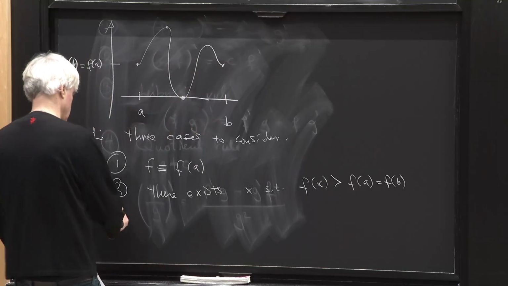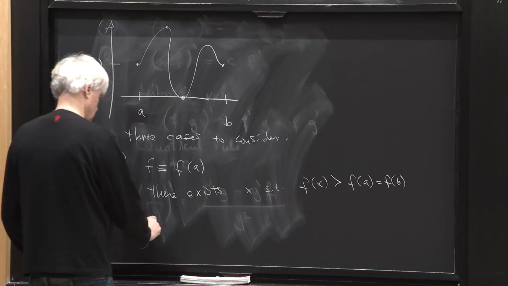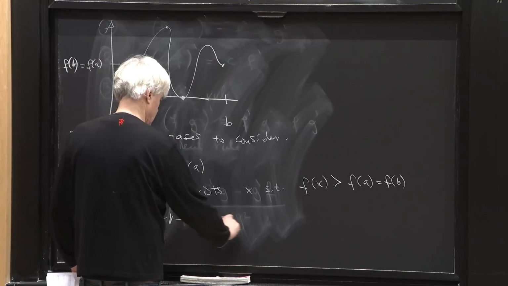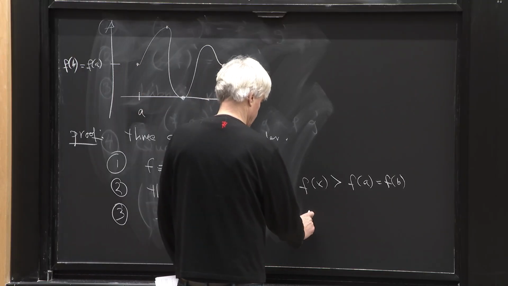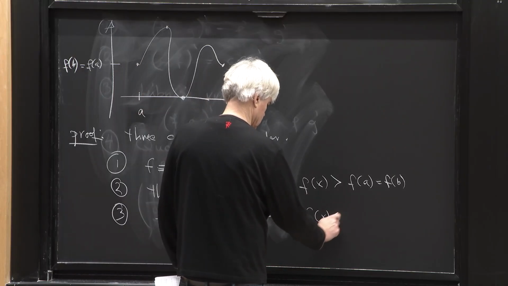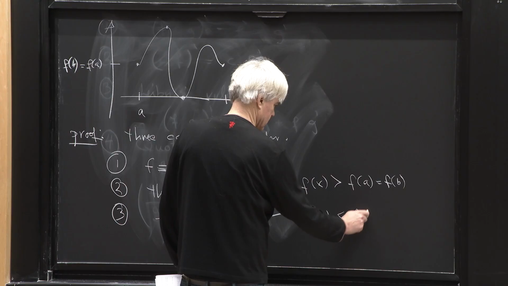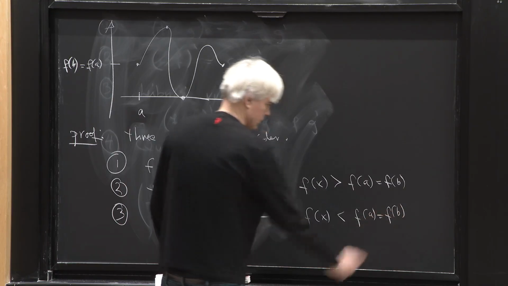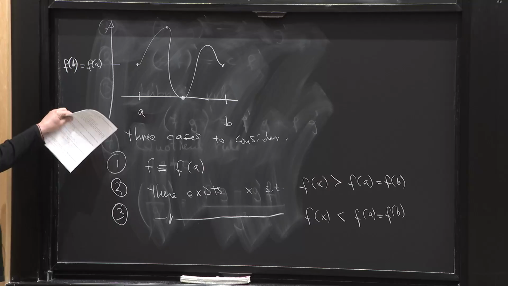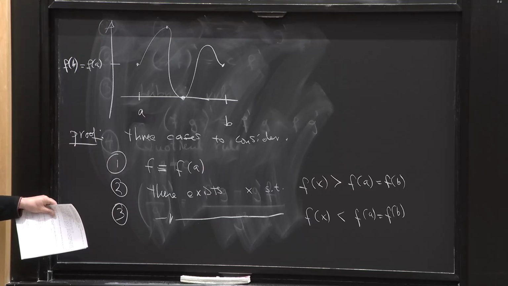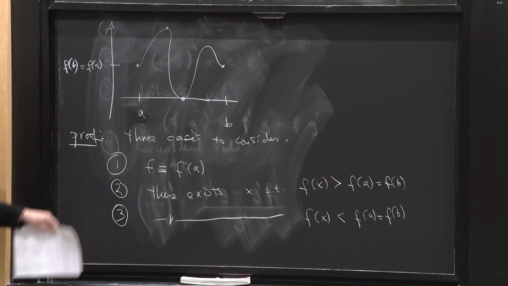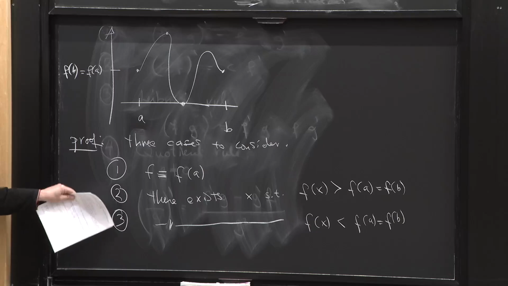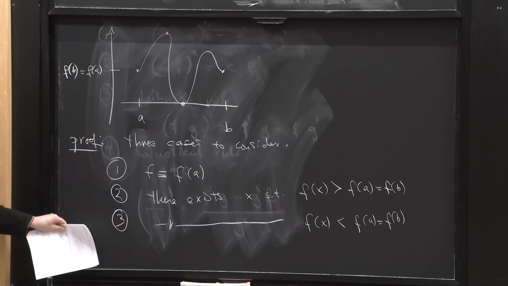And then case 3, there exists an x such that the value at this x is strictly less than the values at the endpoints. It's clear that one of these 3 cases happen. Of course, case 2 and 3 could both happen, but at least one of the 3 cases would happen.